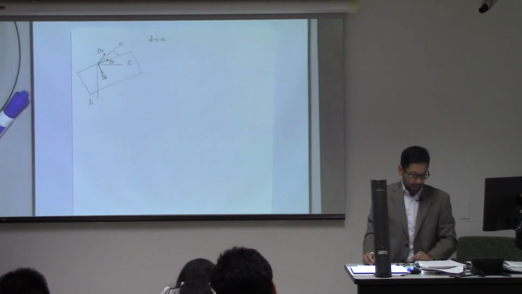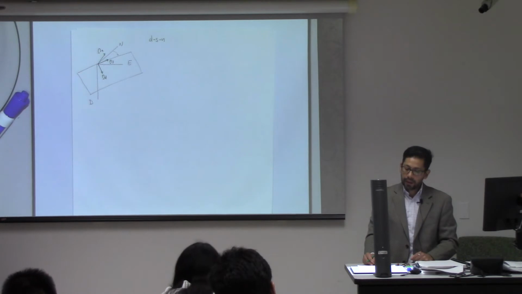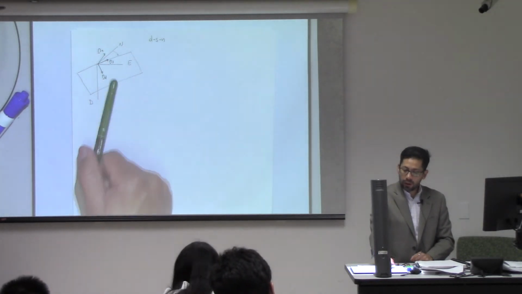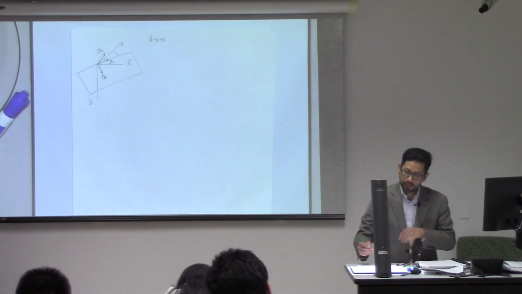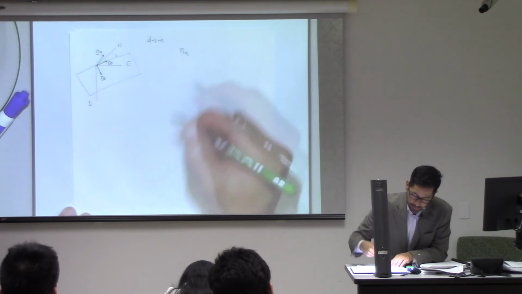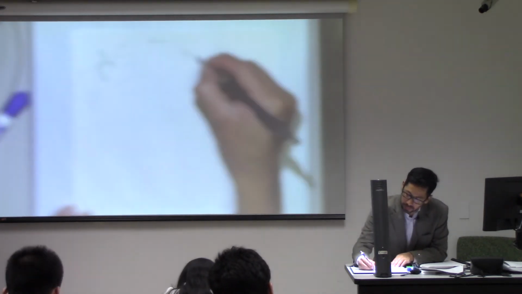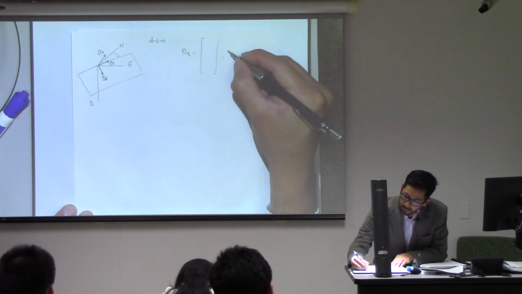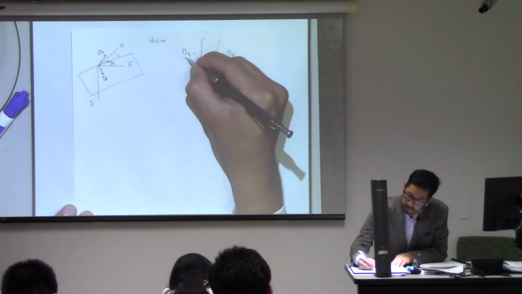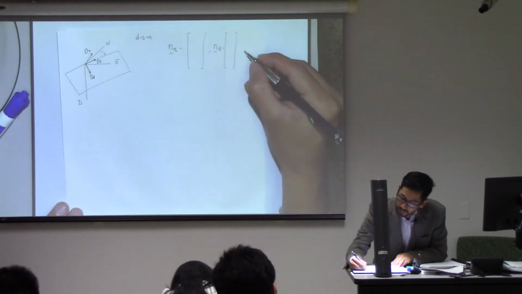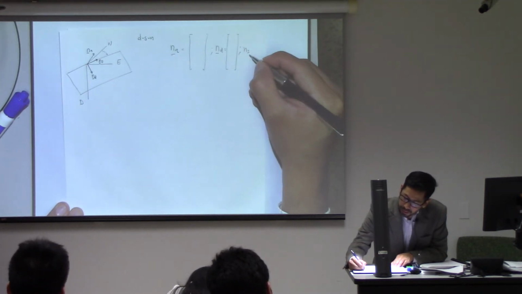And as long as I write those vectors in the coordinate system NED, I'm going to be able to write what NN is, what ND is, and what NS is.